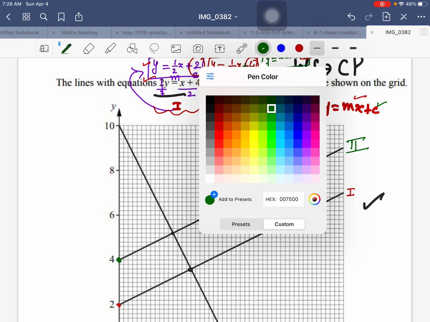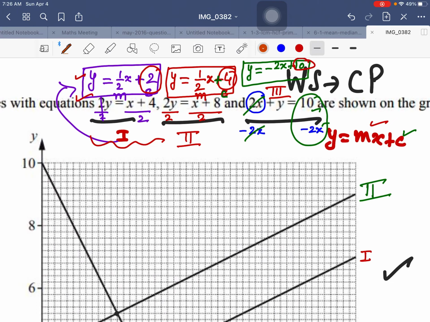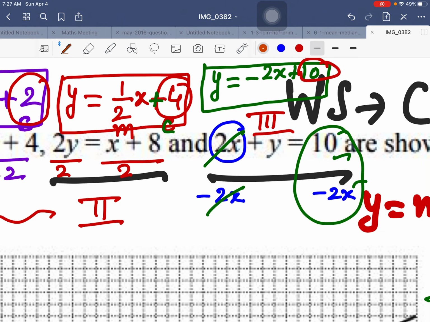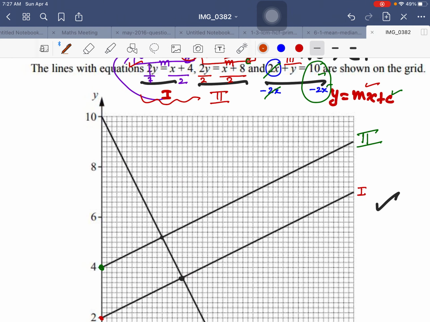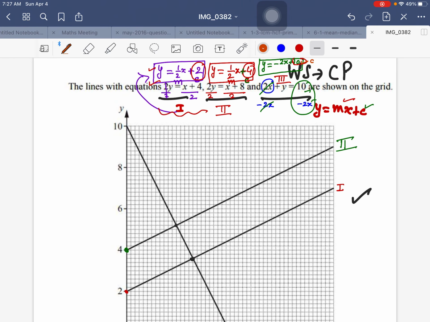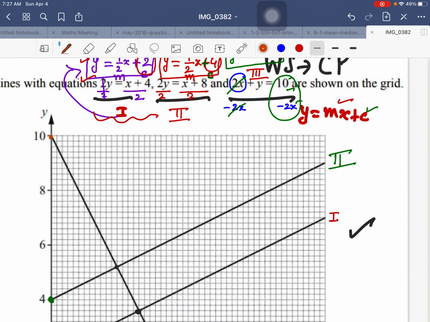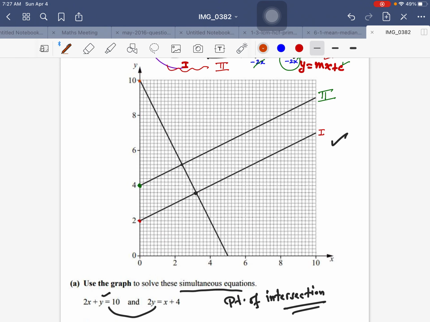Look for the third equation, students. Now here, third equation is y equal to minus 2x plus 10. That means the y-intercept is 10. Go to the y-axis, locate the point 10 here. I would find here, this is 10. So this line which is going down is the third line, right?